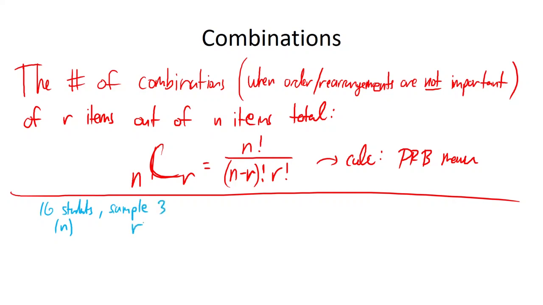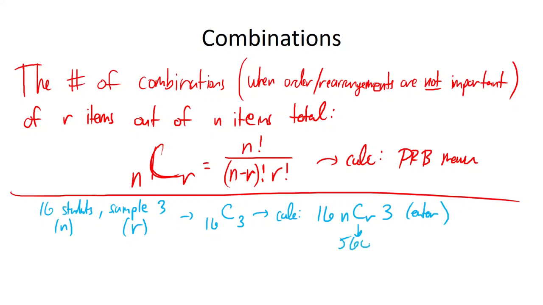That's our R. So what we're trying to calculate here is 16C3. In our calculator, you would just type in the 16, go get your NCR button, and then type in 3, and then hit enter. What do you get? You should get 560 just like we got before.